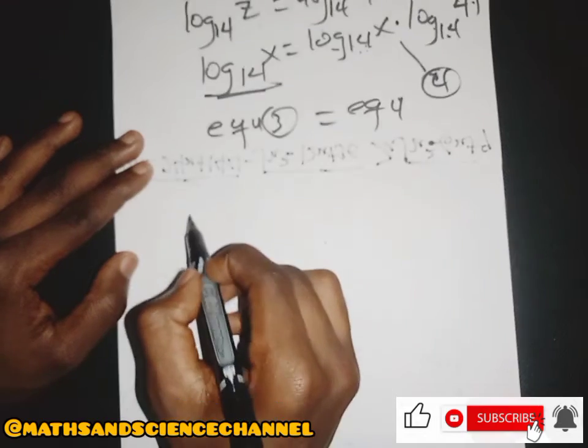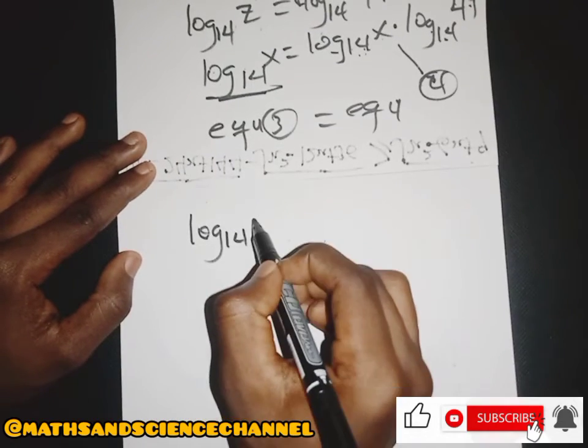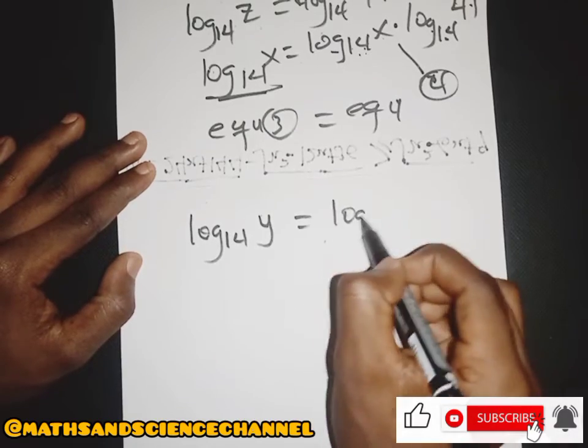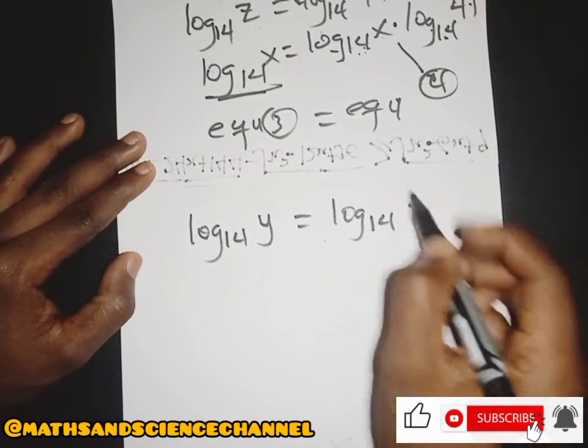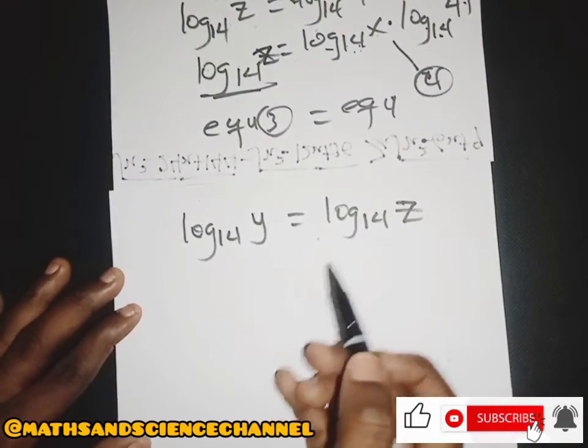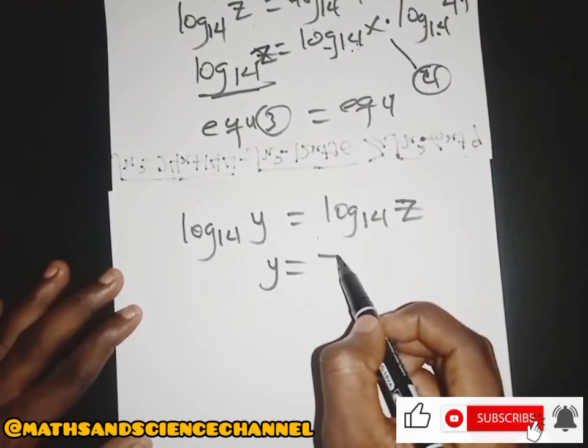So we have log base 14 of y being equal to log base 14 of z. So in this case, basically y is equal to z.